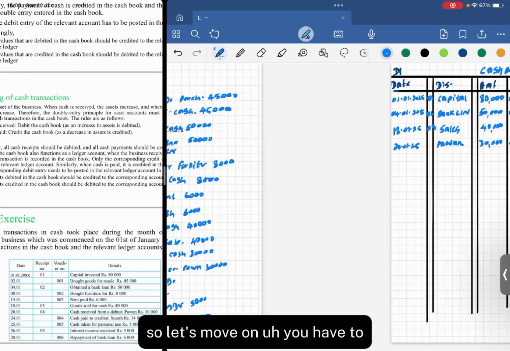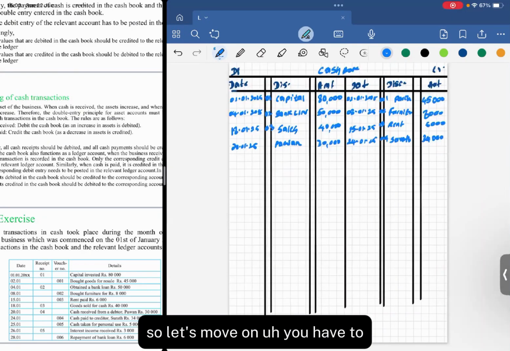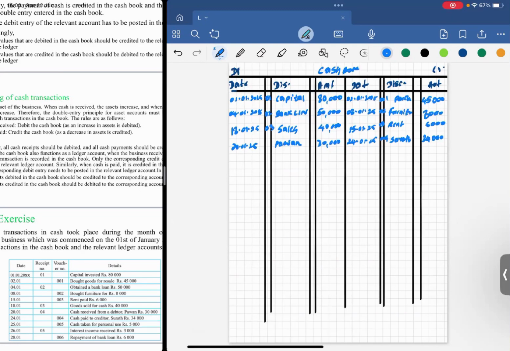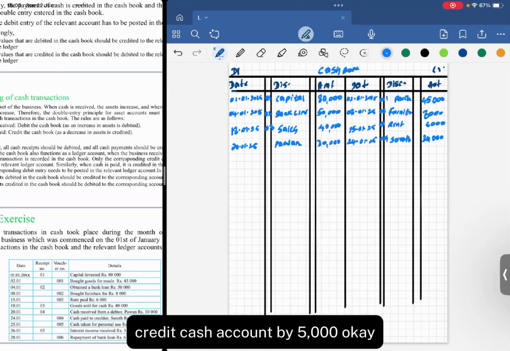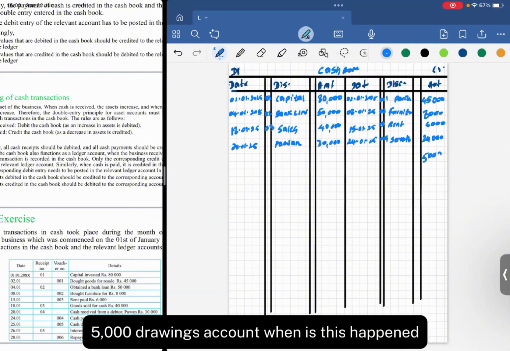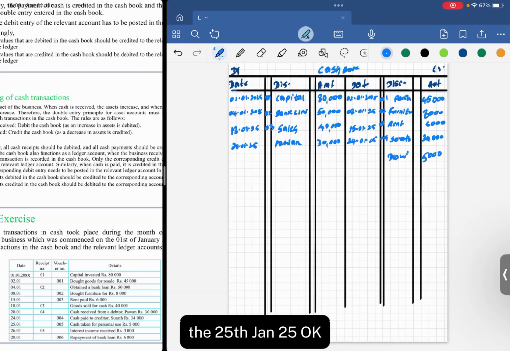Okay, so let's move on. We have to credit the cash account by 5,000, and debit the drawings account by 5,000. This happened on 25th Jan 25.